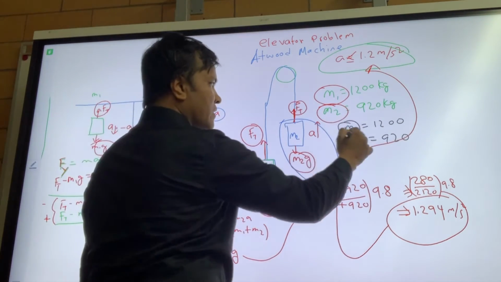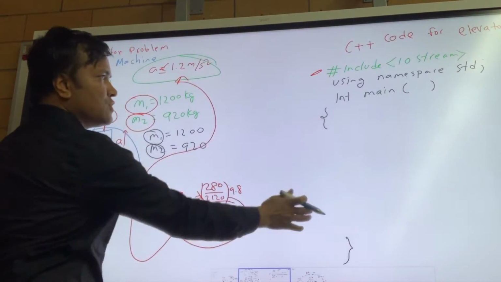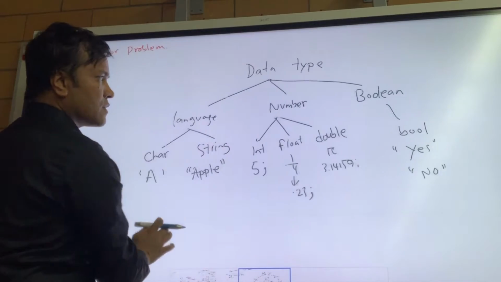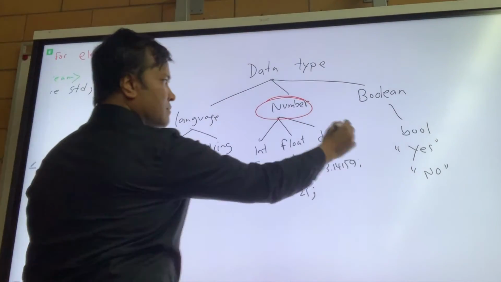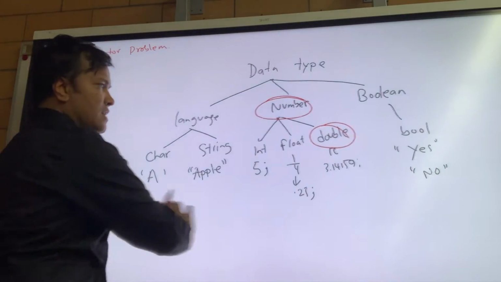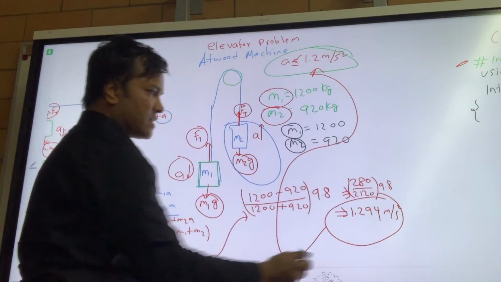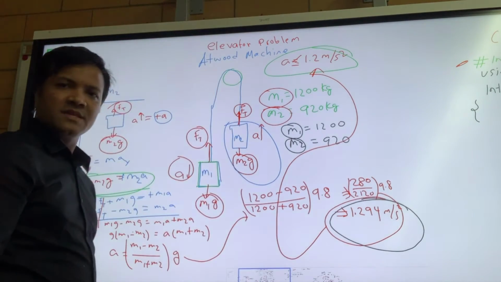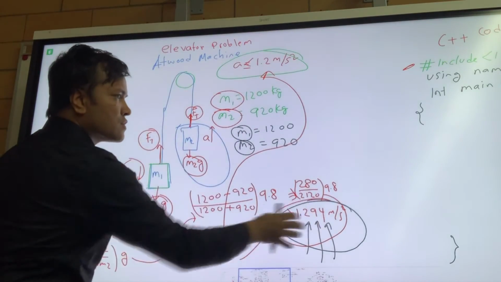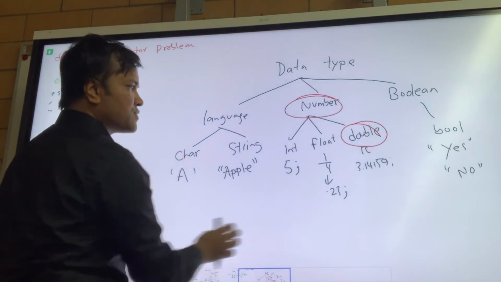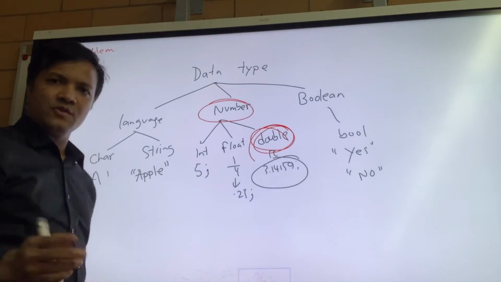We have 2 variables and the variables are numeric, so we have to use double, because our answer has more than 2 decimals. You see that the answer has how many decimals? 1, 2, 3. So that's why we must use double.